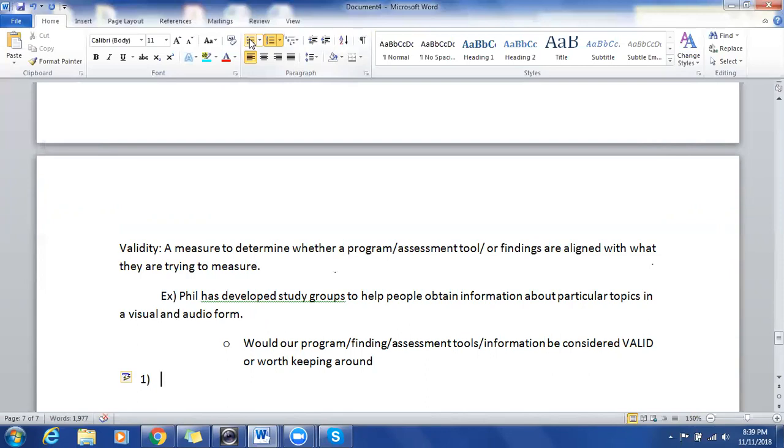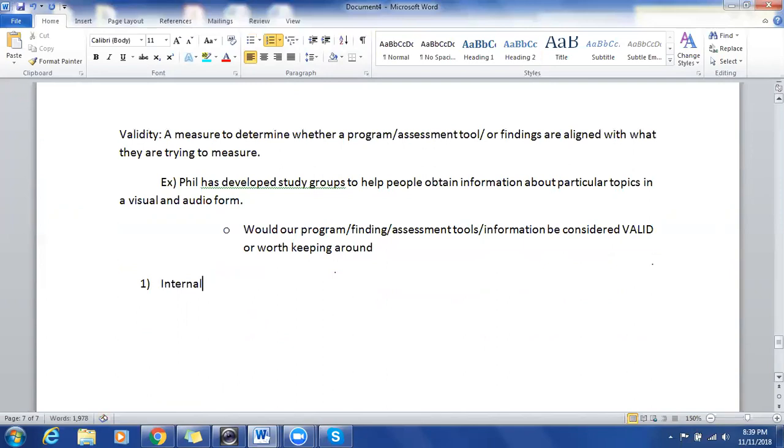We have 4 different types of validity. So we have this internal, and I'll move this down because that is going to bother me. And then we'll fill in that gap and then slap that away. So internal validity is where you think of the word inside. So are the findings consistent within our program or study?